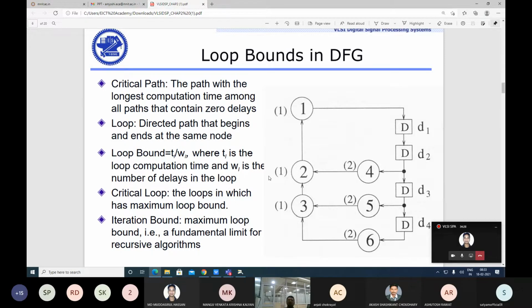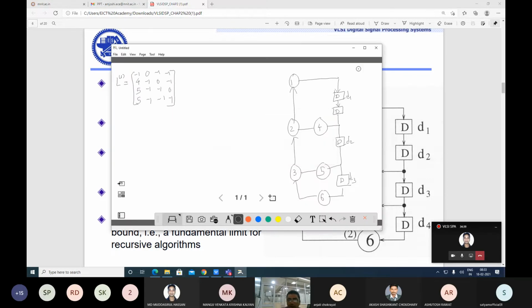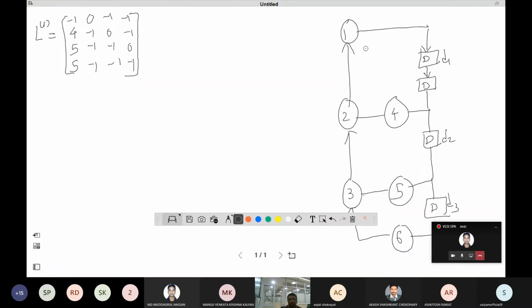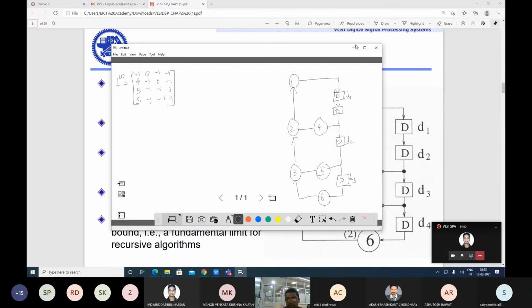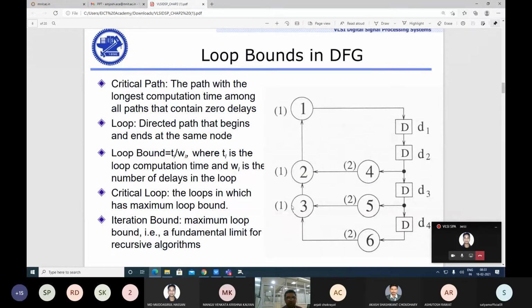Now let's consider one particular example, which is drawn on this particular graph. Now let's try to find out the iteration bound of this particular graph. For this graph, nodes 1, 2, 3 have an execution time delay of 1 and nodes 4, 5, 6 have a delay of 2.